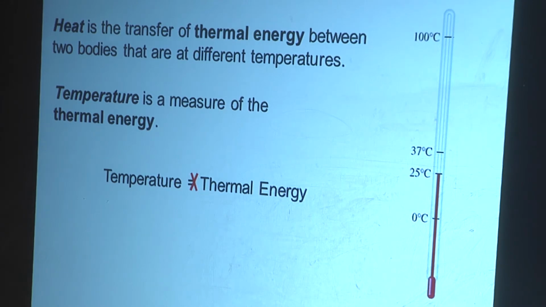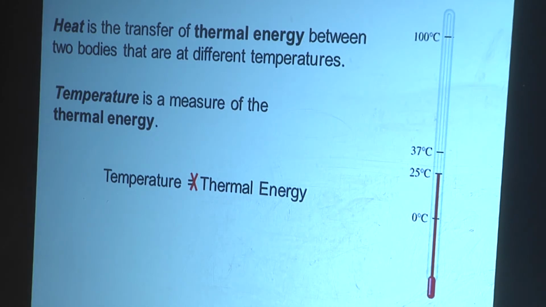Does it depend on the amount of stuff or not? No, it doesn't. If I set a piece of paper on fire, it's going to be, I don't know, let's say 1,000 Kelvin or 800 Kelvin. If I set the room on fire, it might also be the same temperature, 800 Kelvin.